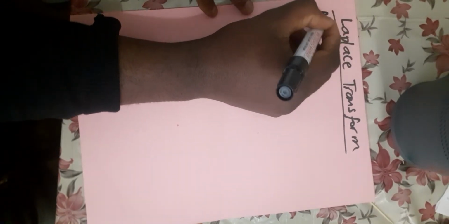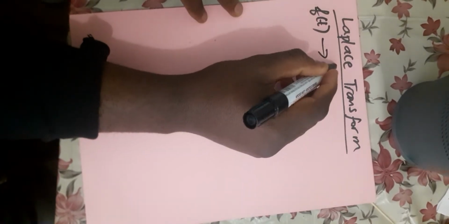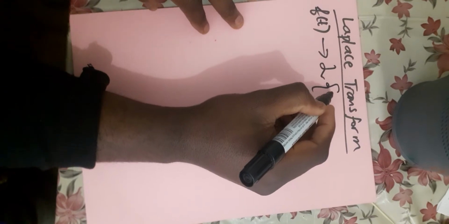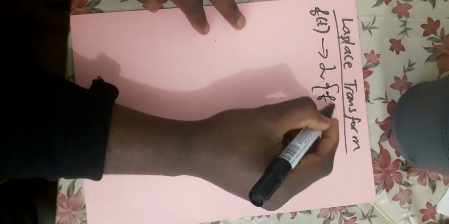By definition, if you have a function f of t and they ask you to find the Laplace, you can denote it as L of f of t, in brackets or parentheses.